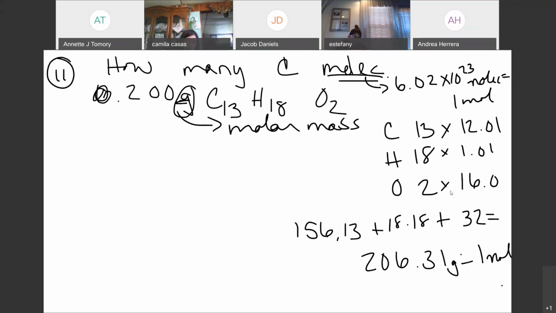All right, we have 2 conversion factors we have to worry about. What goes over 1? What's the number actually in the question itself? 0.200 grams. That's our starting point because that's the number in the question itself. What's on the bottom of the next one?